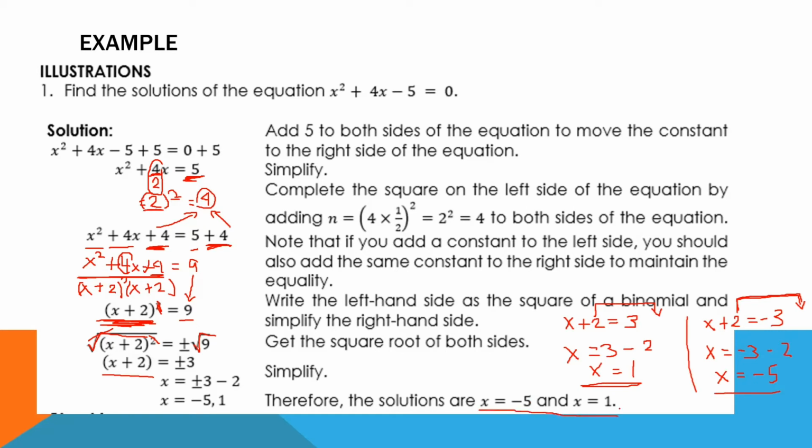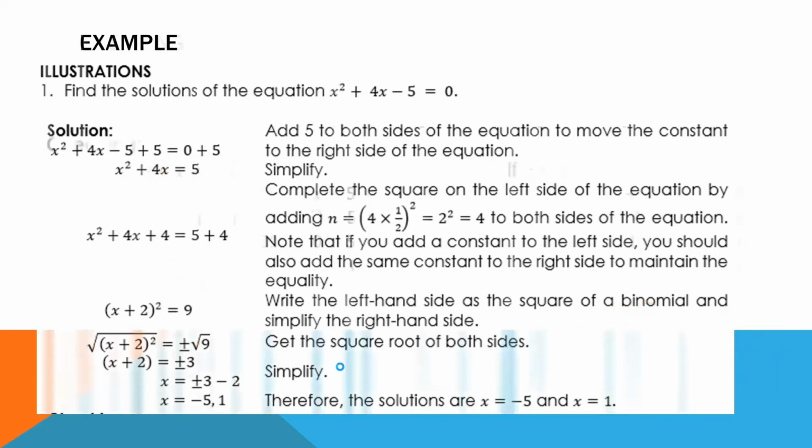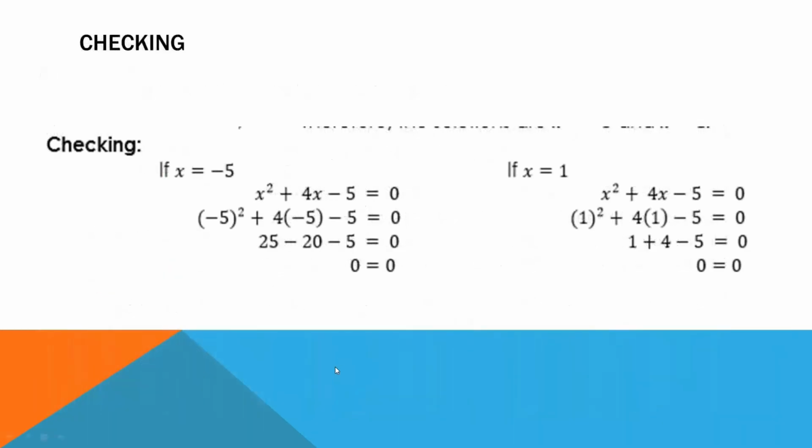So how are we going to check this? So to check, so if x is negative 5, sa-substitute lang natin siya sa original equation natin. So ang mangyayari ay x squared plus 4x minus 5. So papalitan lang natin yung x ng negative 5. So kaya naging negative 5 squared plus 4 times negative 5 minus 5 is equal to 0.